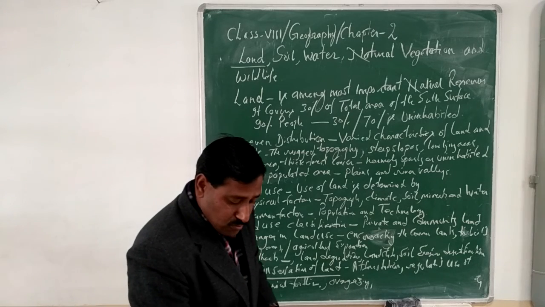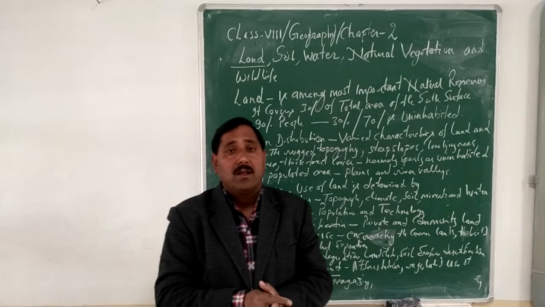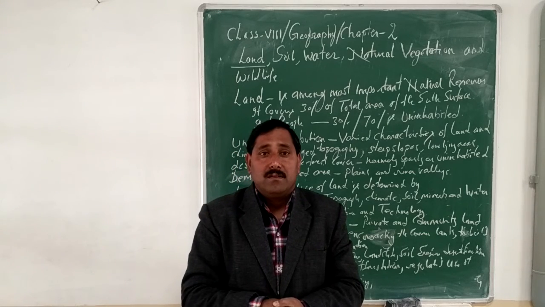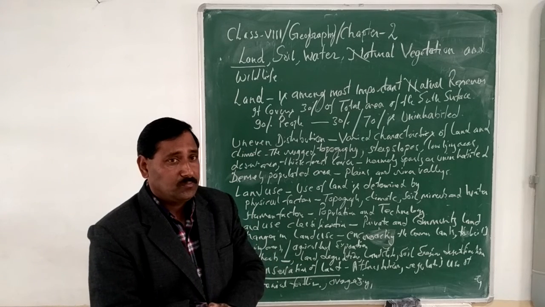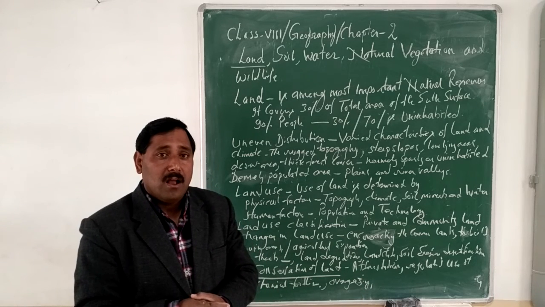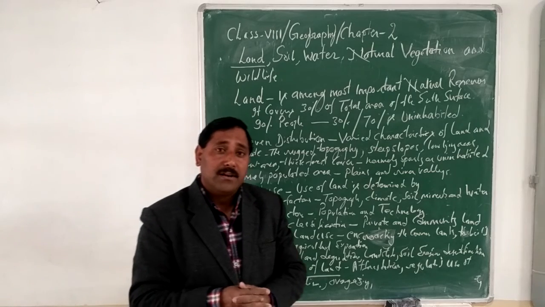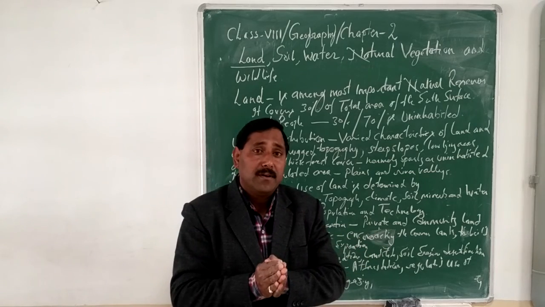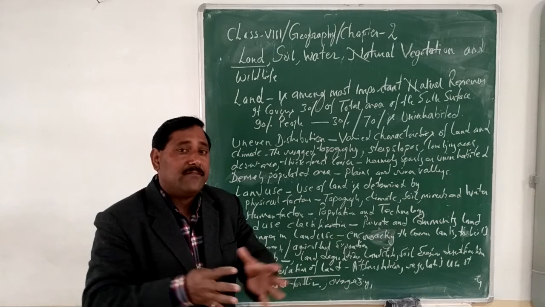Now to understand the different types of land and the use of this land, you should think about where you live, the place, the region, or the state where you are living.